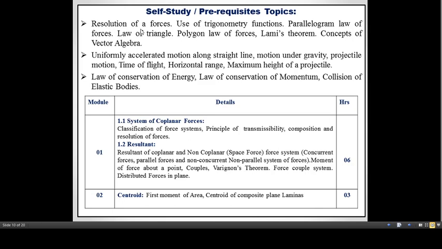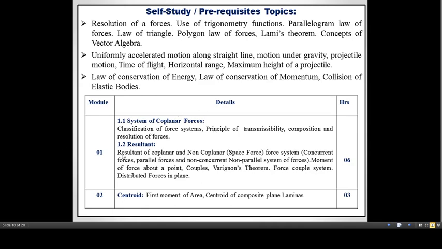So this includes resolution of forces, use of trigonometry functions, parallelogram law of forces, law of triangle, polygon law of forces, Lami's theorem, concept of vector algebra, uniformly accelerated motion along a straight line, then motion under gravity, projectile motion, time of flight, horizontal range, maximum height of a projectile, law of conservation of energy, law of conservation of momentum, collision of elastic bodies. Now see what is the actual syllabus.